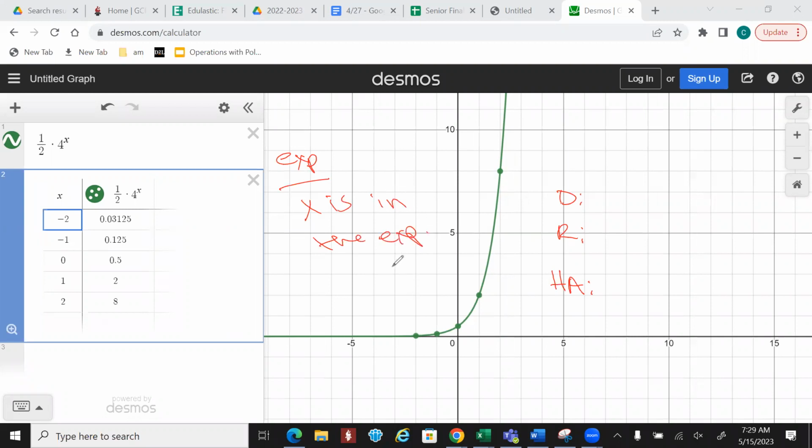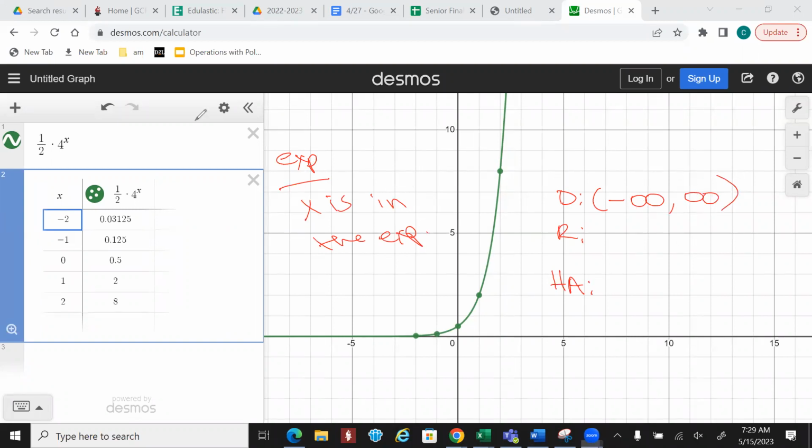So for all exponential functions, what's going to be the domain? What's your go-to domain? Negative infinity to positive infinity.